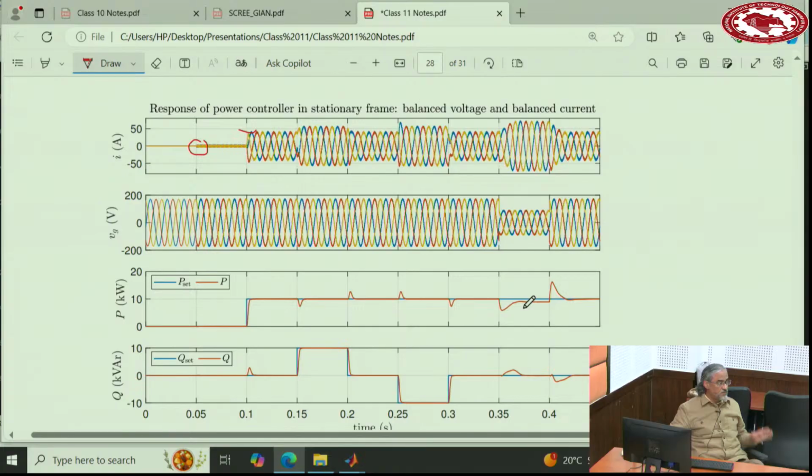It cannot transfer that amount of power because the converter limits the current and limits the power. When you limit the current, you cannot supply that amount of power. This power, if it's a capacitor, goes to that capacitor, or if it's a battery, it will go to that battery. So whenever you limit the current, you have to deviate from the set point.